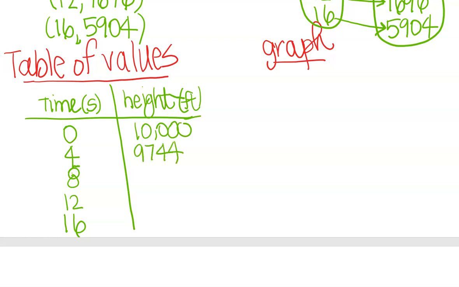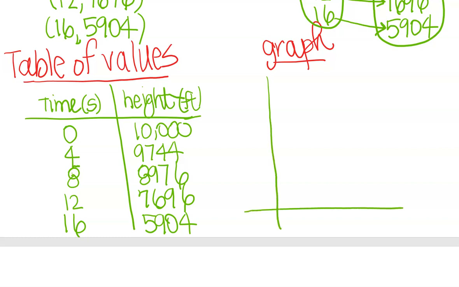So all I'm doing is putting them back in a table. Like that. Make sure when you're doing a table of values, if it is something that is very descriptive in the problem, make sure you label each column with what it stands for, not just X and Y. And then we'll put it on a graph.